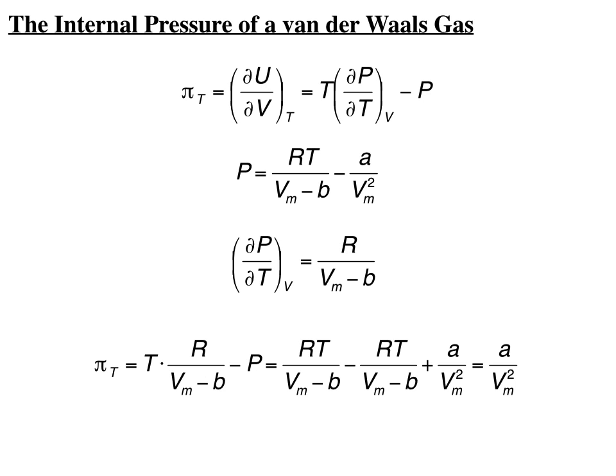Let's look at what the van der Waals equation says about its internal pressure. So again, same definition. π_T is dU/dV at fixed T, but now using the combination first and second law and the Maxwell relation, it is also shown on the top right, and the van der Waals equation.